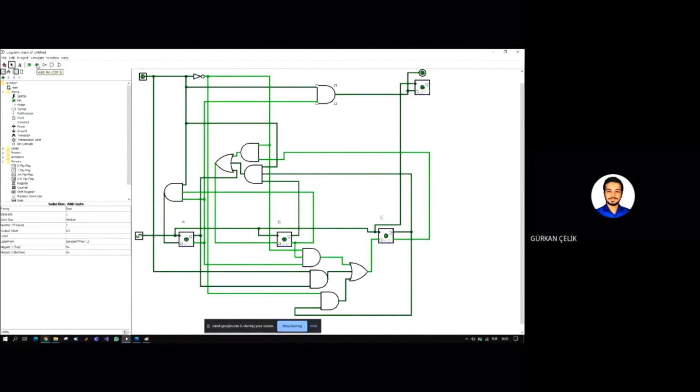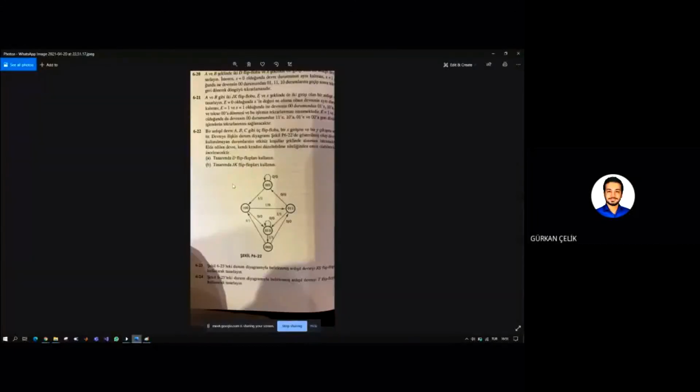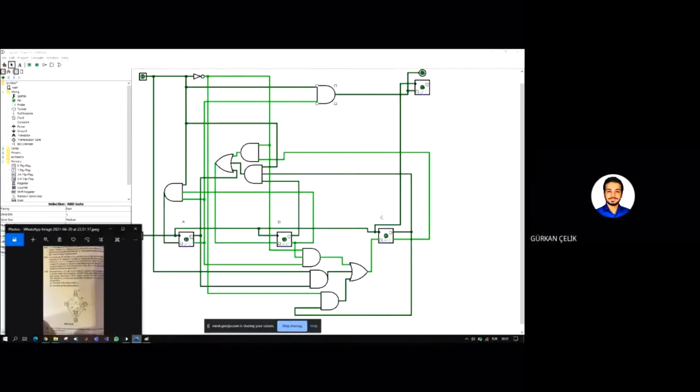Okay, so we just need to check this. I forgot the state diagram. Reduced state diagram. Yes, and we should follow this state diagram. If we have 0, 0, 0, right? Here we have 0, 0, 0, right?